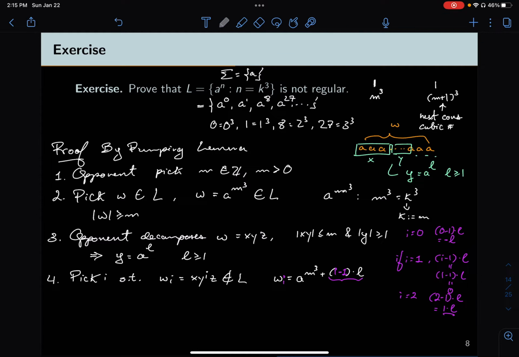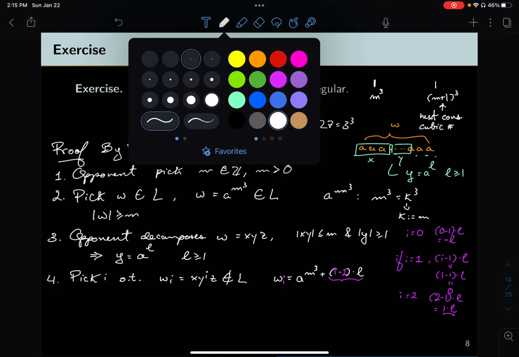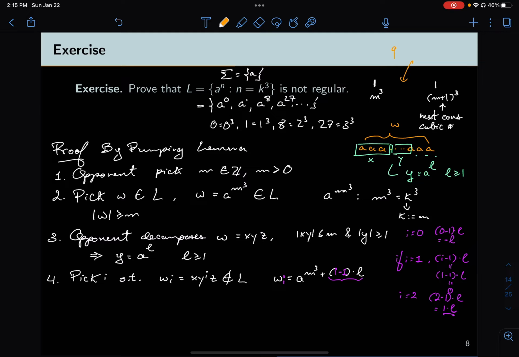So the idea is that you want to guarantee that w_i is in between m cubed and (m plus 1) cubed. Because if an integer is in between, and not equal to, two consecutive cubic numbers, then it has nowhere else to go to be a cubic number. So it can't be a cubic number.